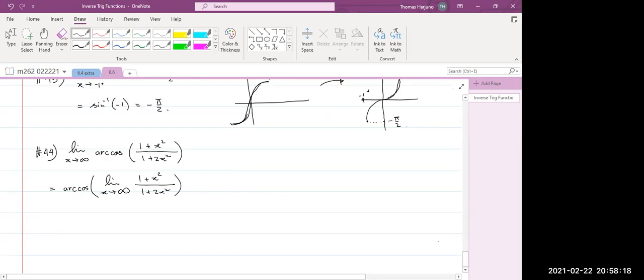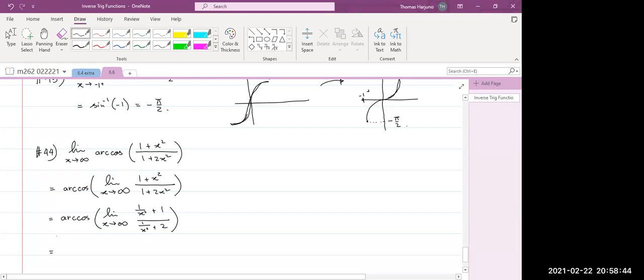From what we learned from calculus 1, I will divide the top and the bottom with the highest exponent. So 1 over x squared plus 1 over 1 over x squared plus 2.